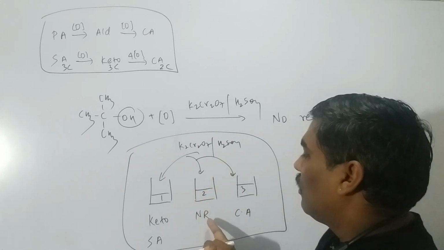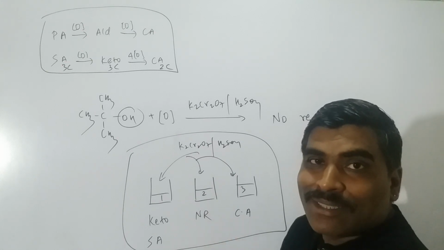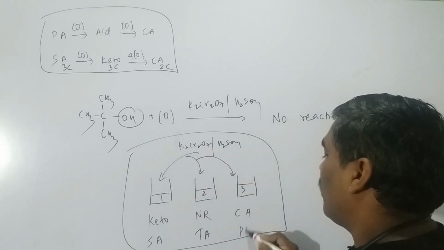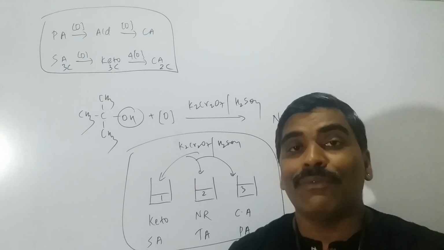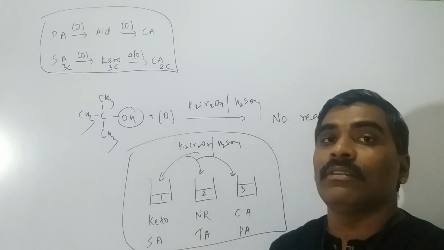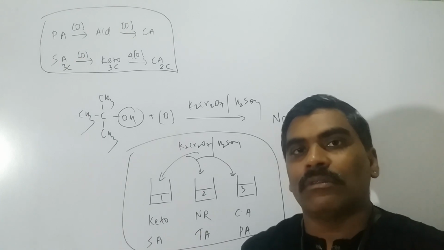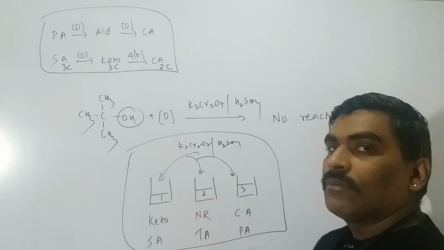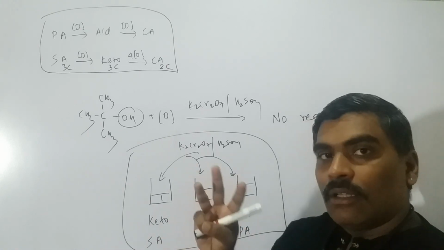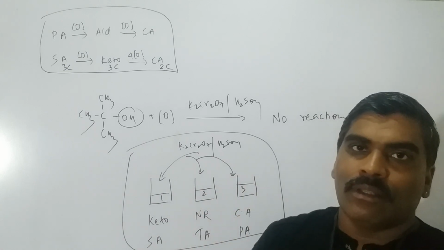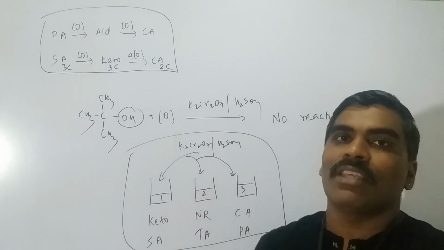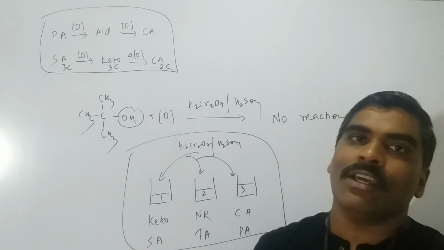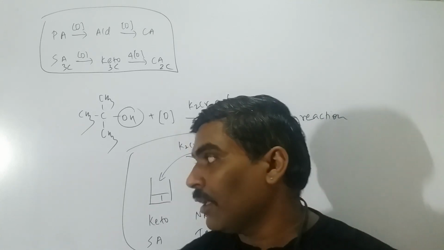The alcohol which shows no reaction is tertiary alcohol, and the one which gives acid is primary alcohol. So we can distinguish: if 3 samples are given, put acidified potassium permanganate or potassium dichromate, one will produce acid, another produces ketone, and one sample will not react. On that basis we can distinguish primary, secondary and tertiary alcohols. Okay.